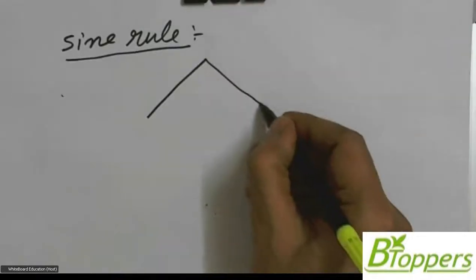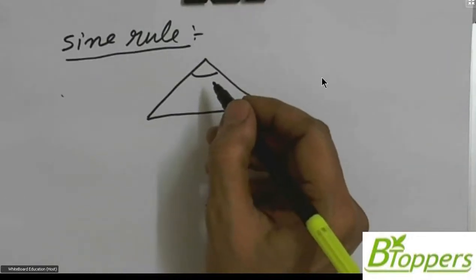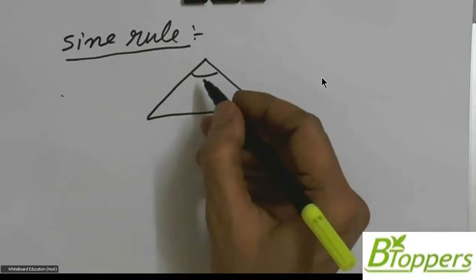In any triangle, ratio of the length of the side divided by sine of the angle at the opposite vertex will be the same for all the three sides.